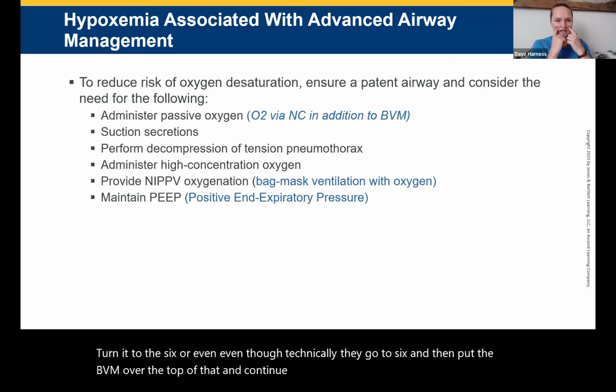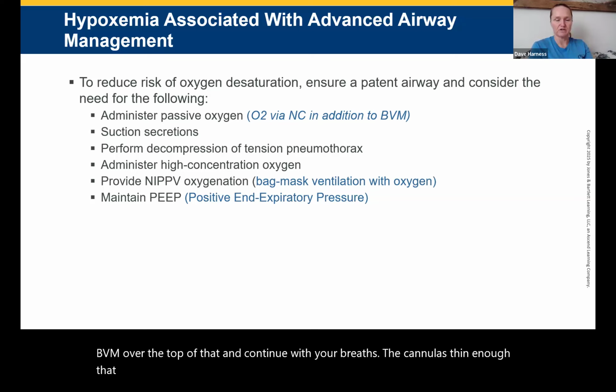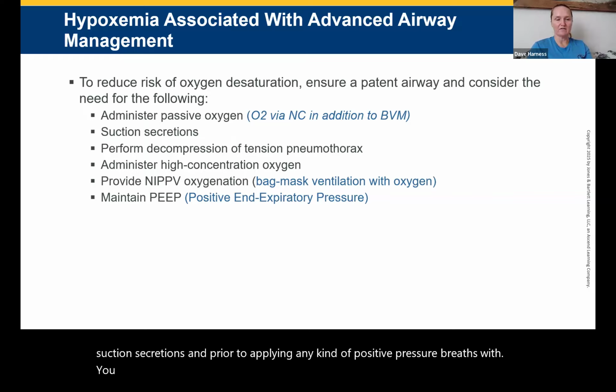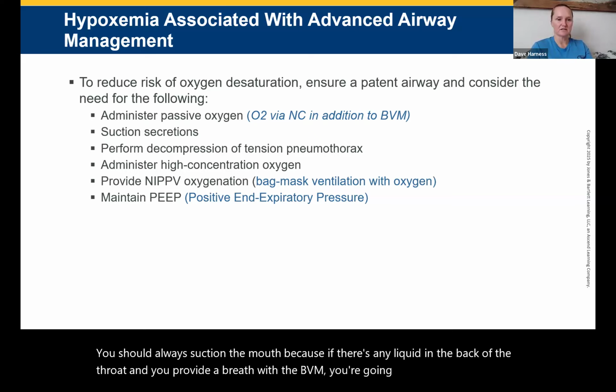The cannula is thin enough that it will usually just push into the tissue and you can still deliver effective breaths. Suction secretions: prior to using a BVM, you should always suction the mouth because if there's any liquid in the back of the throat and you provide a breath with the BVM, you're going to push that into the lungs.